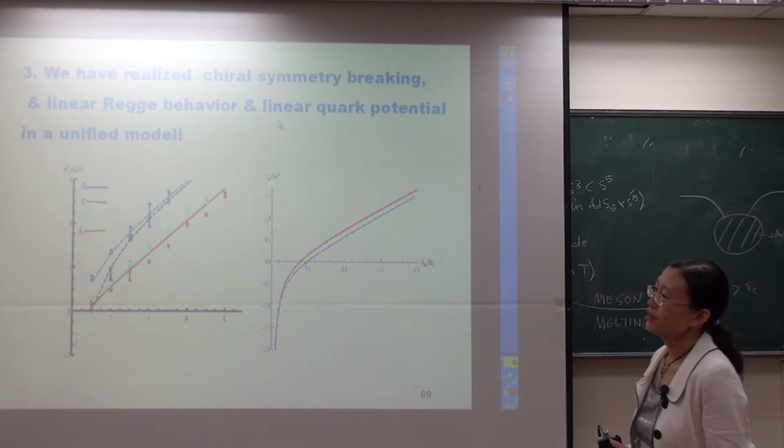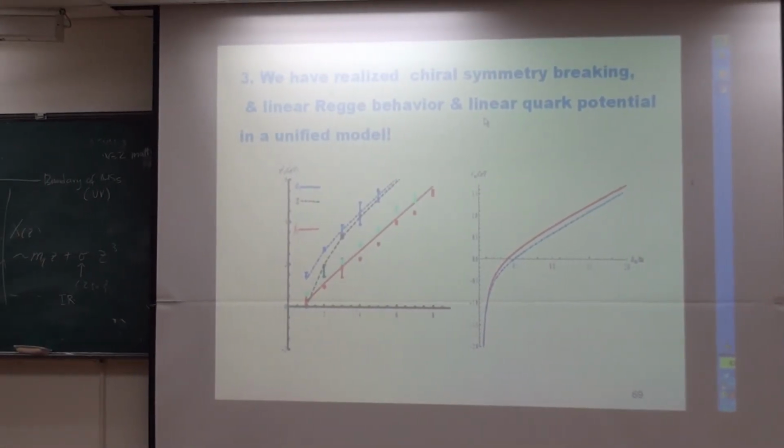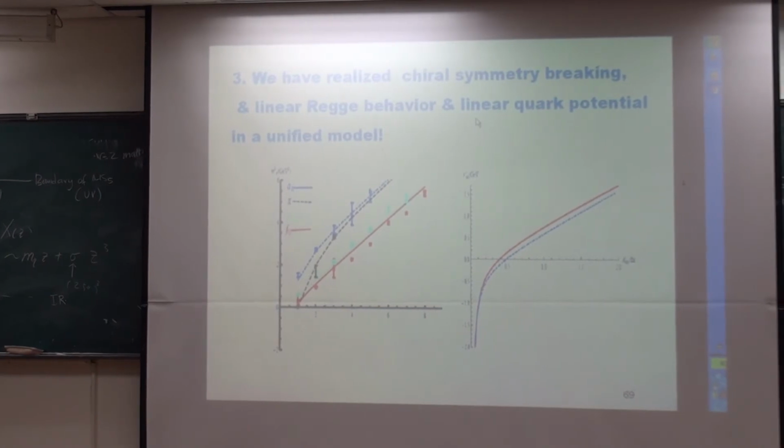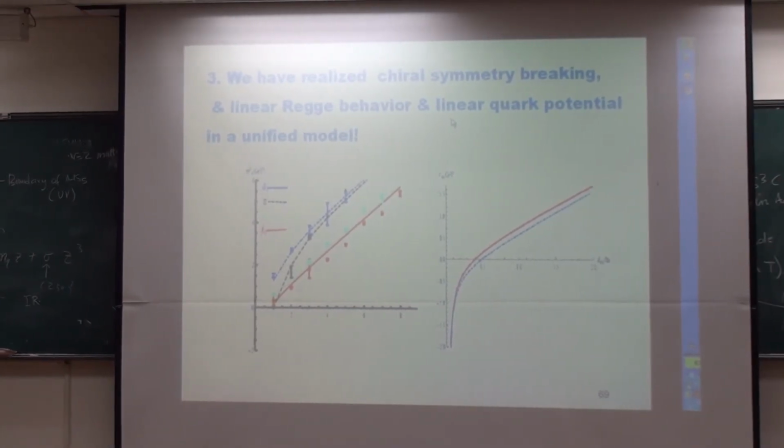Yeah, I have a comment about this mass spectrum because you just showed the mesons, right? So I asked about the baryons, but I think the mesons also have that problem. I guess you fit them with the values from the PDG, the Particle Data Group.